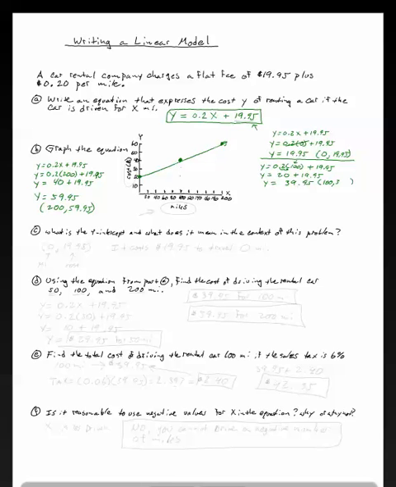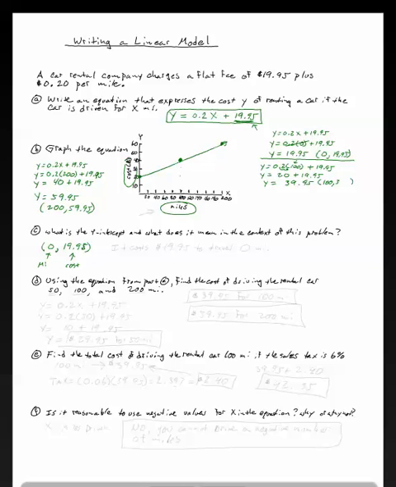Alright, so then C says, what is the y-intercept? What does it mean in the context of this problem? Well, we've just stated that the y-intercept is x is 0, y is 19.95. We know that because our equation was in slope-intercept form. So it says, what does this mean? Well, we know x is our miles, and we know that y is the cost.